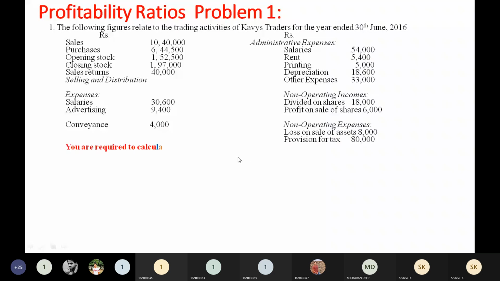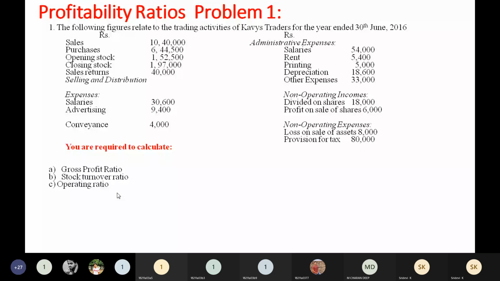So what are you required to calculate? One, the gross profit ratio. The second one, the stock turnover ratio. And the third one, the operating ratio. It is not compulsory that they ask only profitability ratios. They may ask you to calculate any of the ratios. By using the information which is available, whatever we can calculate, we are going to calculate.